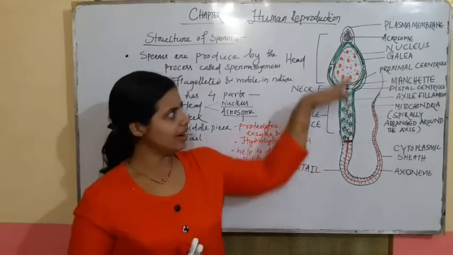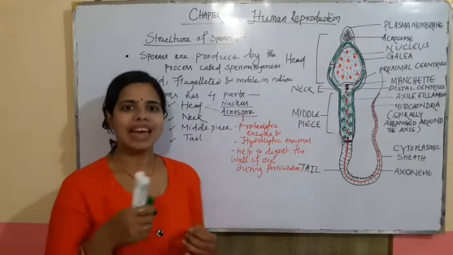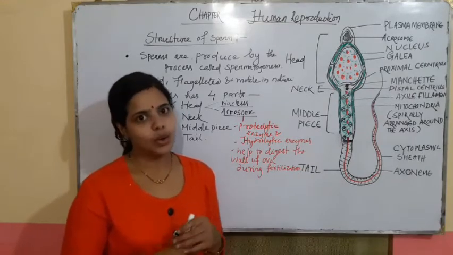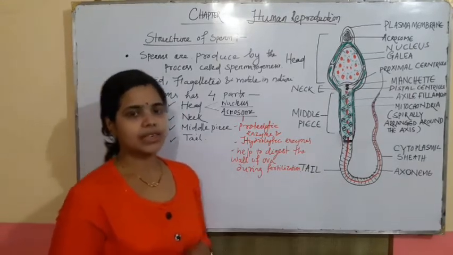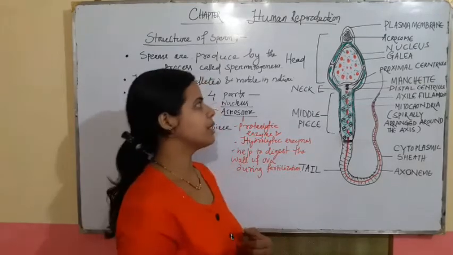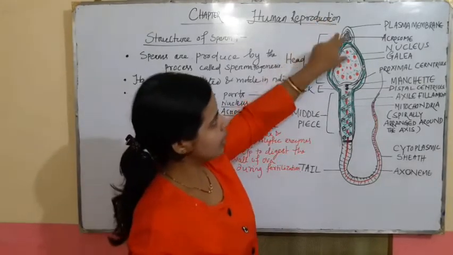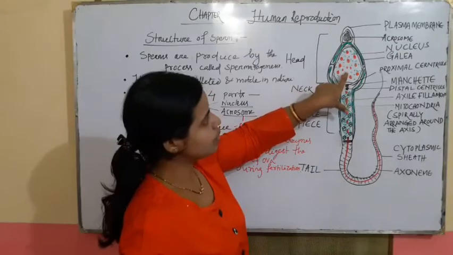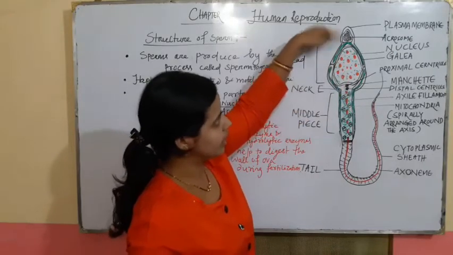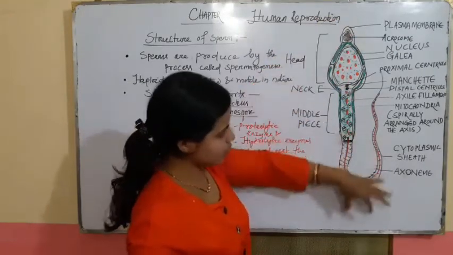So that the entire other parts of the sperm can penetrate inside the ova for the fertilization, and next is zygote formation. So this is about the acrosome.